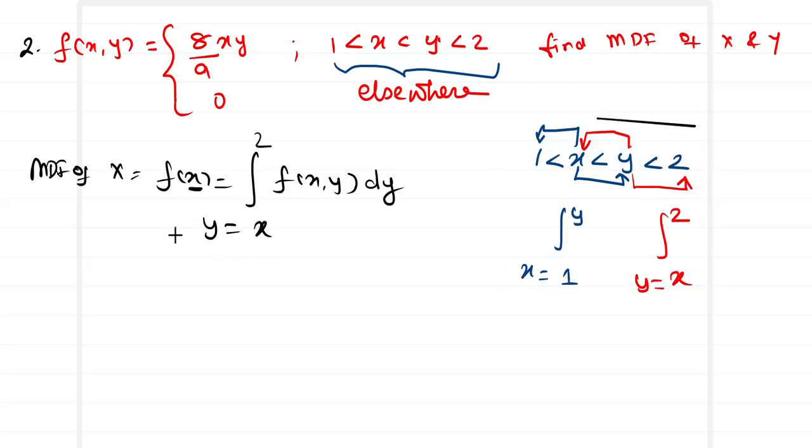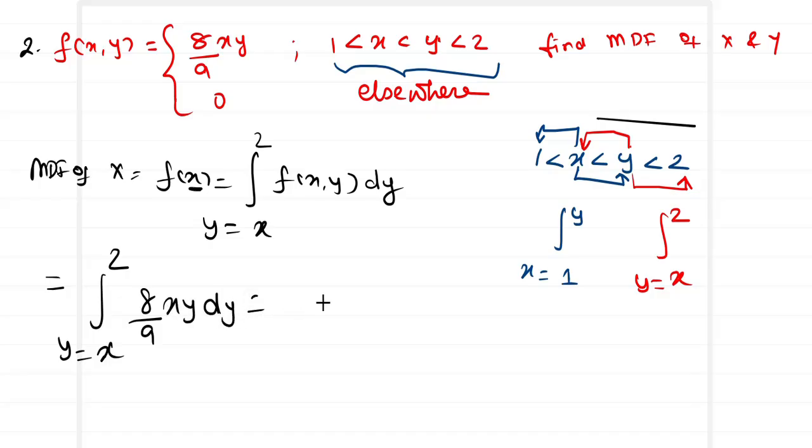Lower limit is x, upper limit is 2. The function to be integrated is 8 by 9 times xy with respect to dy. 8 by 9 is a constant, x is a constant, and y dy on integration gives you y square divided by 2 between the limits 2 and x.